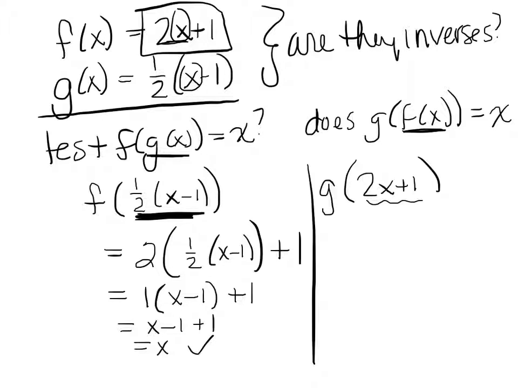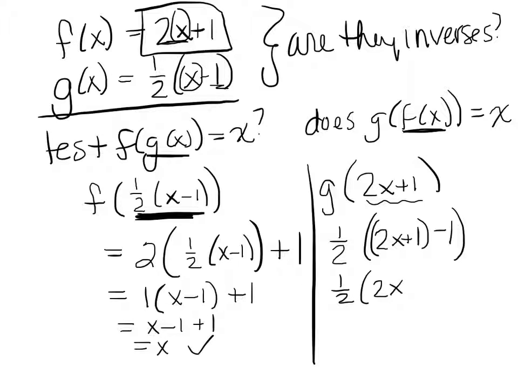So I have 1/2, for x I'm going to use 2x plus 1, that's my new x. And then I have to finish it with the minus 1 here. I'll take care of inside the parentheses first: 2x, when I take plus 1 minus 1. And 1/2 times 2x is just x. So indeed it works. I have proven that yes, they are inverse functions of one another. f and g are inverses.